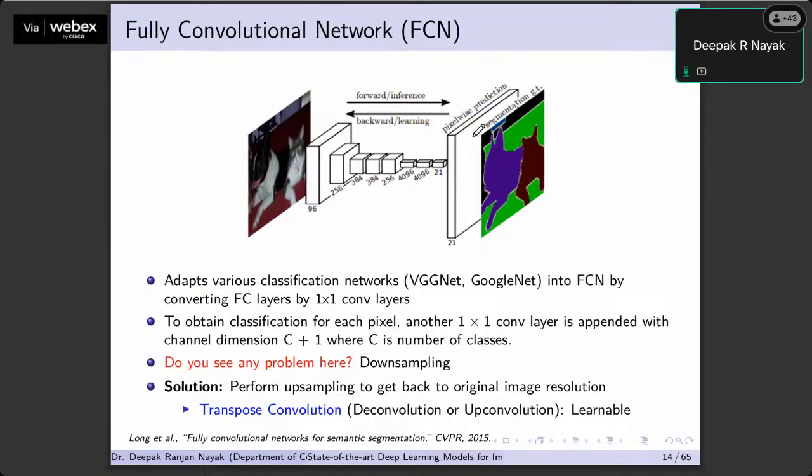There are different types of interpolation techniques, which we discussed in the initial lectures, including nearest neighbor interpolation, bicubic interpolation, and bilinear interpolation. But we are not interested in those kinds of interpolation techniques. What they introduced in the fully convolutional network for the upsampling operation, from here to here, is called transpose convolution.